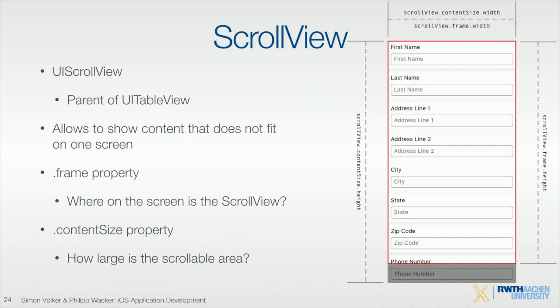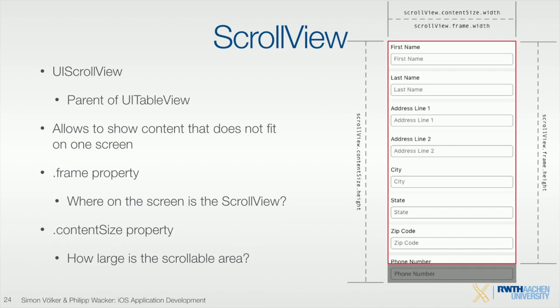To understand how a scroll view works, there are two properties that are very, very important. One is the frame property that basically specifies where on the screen my scroll view is and how large it is. So here you can see, for example, the scroll view frame width and height is now set to the size of the whole screen.